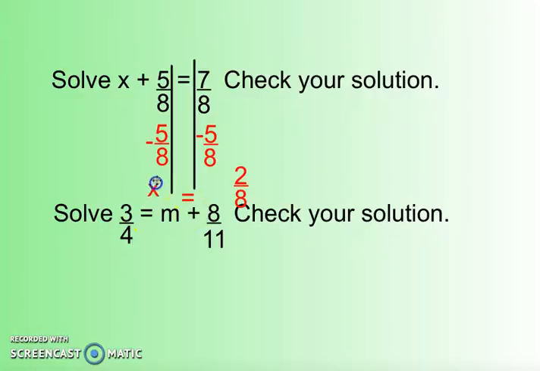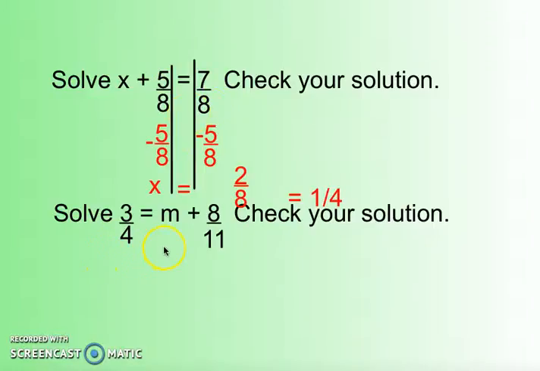Yeah, we can divide them both by 2. So what is this the same as? It is the same as 1/4. You're absolutely right, and that's my solution. Okay, is 1/4 plus 5/8 the same as 7/8? It is, it's equal to it. So we can check our answer.